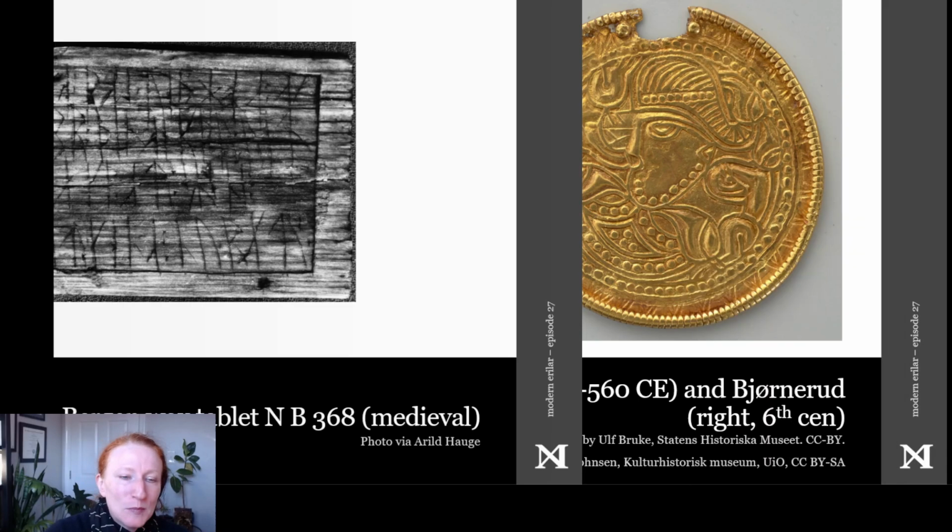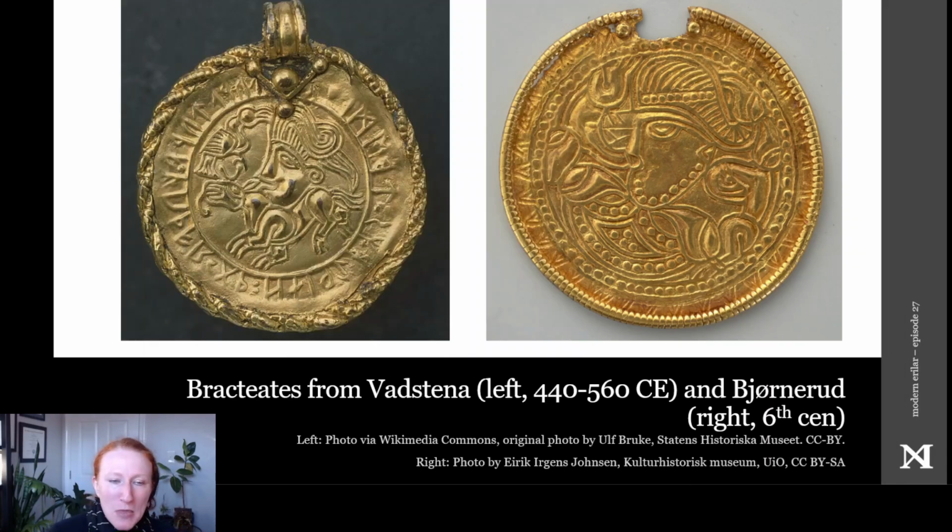Some of us are looking to put runes on jewelry. Inscriptions on bracteates might have runes around the outside edge, like this one from Voldstena, or integrated into a more complex central design. The word allu appears just outside the nose of the face on this inscription from Bjornerud.